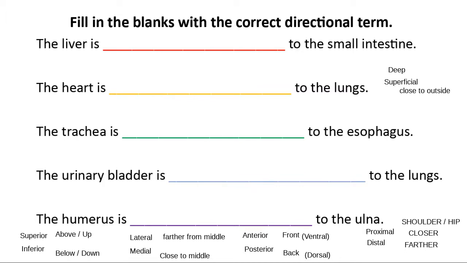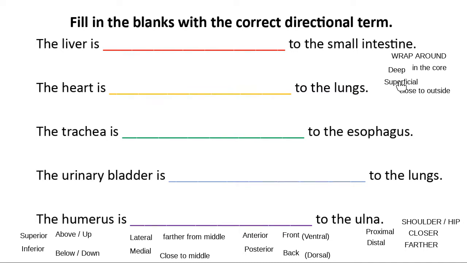So close to, I'll say, close to outside the body. If you are in the core of the body, in the very center of the body, we would say that you're deep. So these deep and superficial terms are used when things wrap around each other. When things are completely wrapped around each other, then I'm going to use the comparison words deep and superficial.